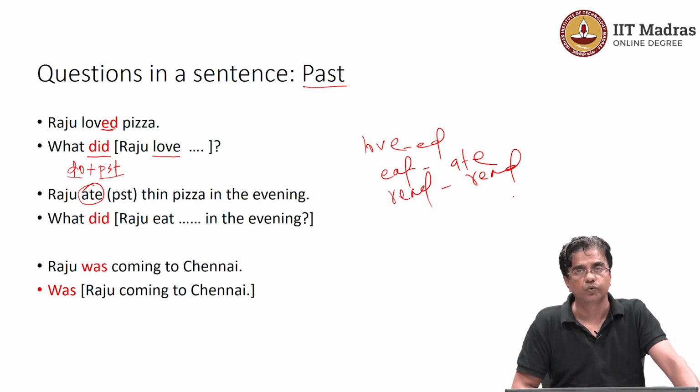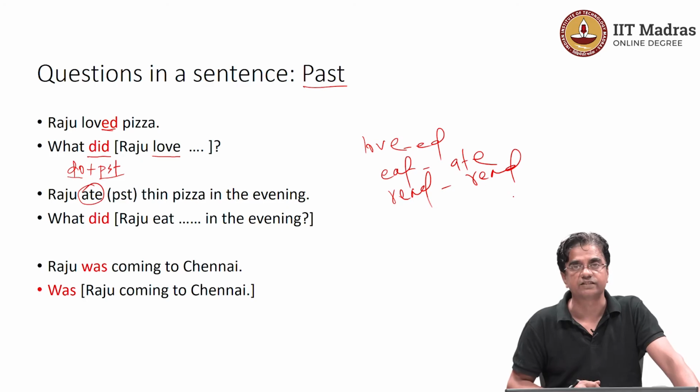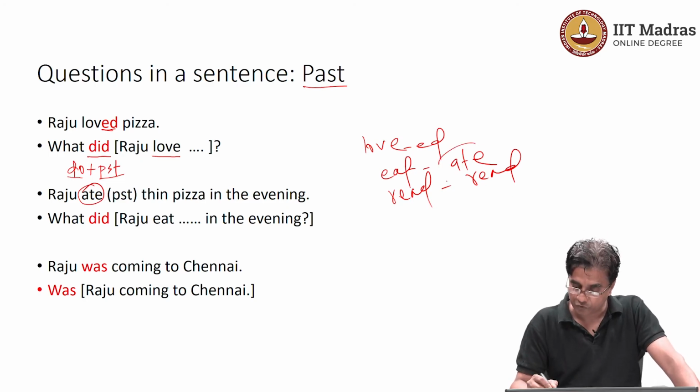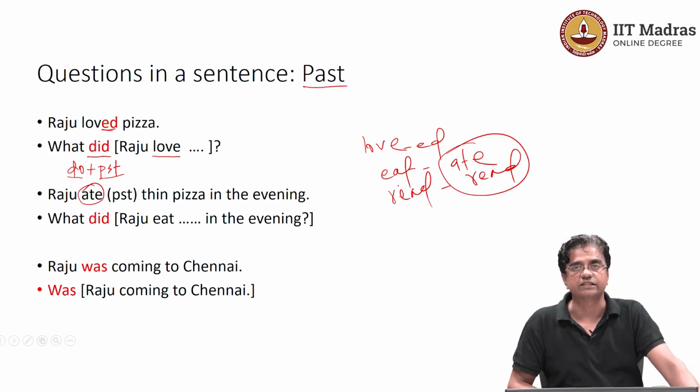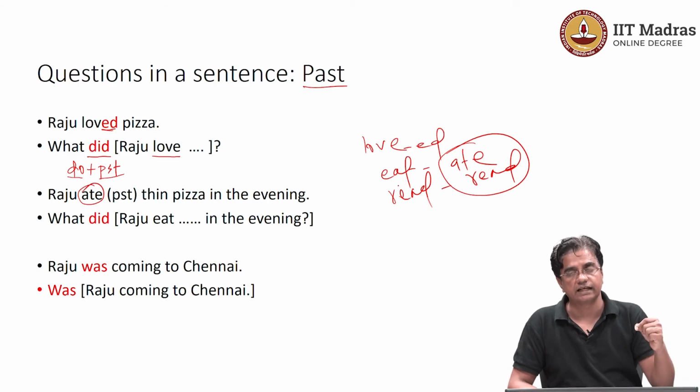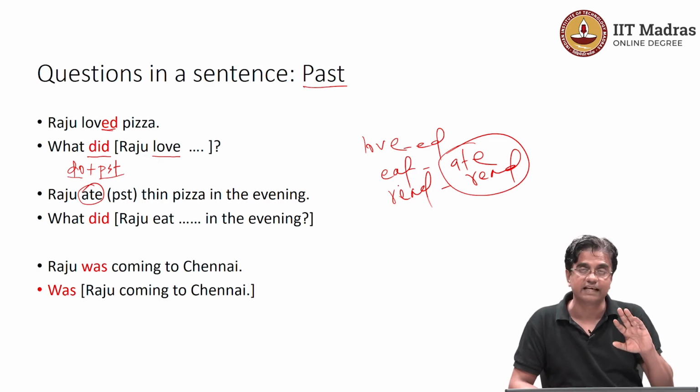Basically, there is no specific marker of tense on them. But when we use these things in a sentence, we know that there is past tense marking embedded on them. So it gets tested when we use them in a question sentence.